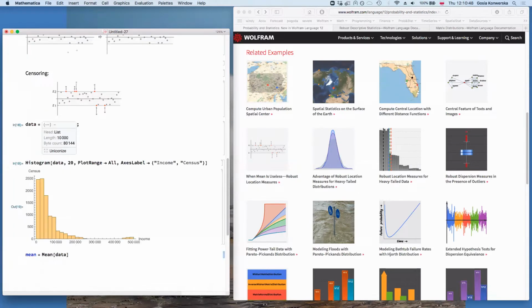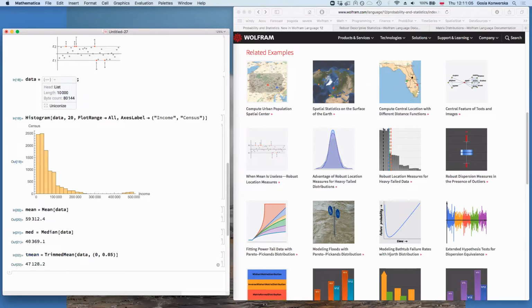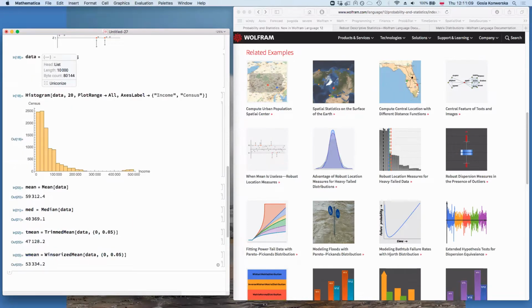And so what is the mean? It's not really representative for this data. If you compute the median, we're gonna get somewhere better because we are in the middle of all the observations. What does the trimmed median tell us? The Winsorized mean is larger because we are censoring the data.